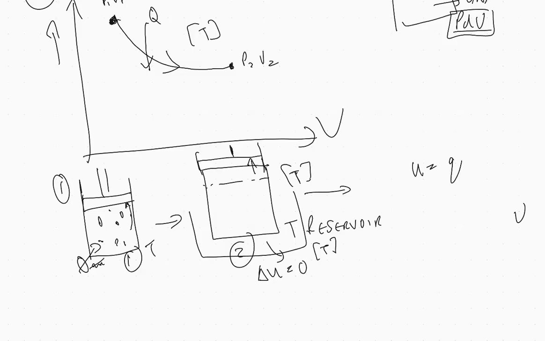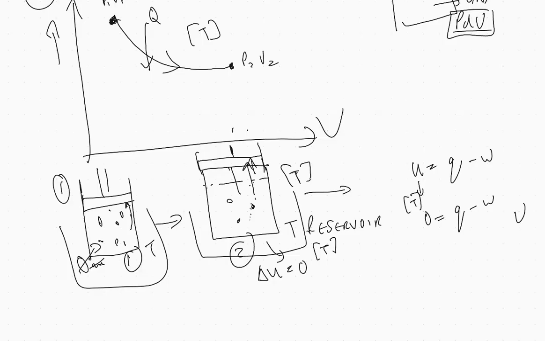The gas is doing the work on the surroundings, so it's minus W. But because it's an isothermal situation, delta U becomes 0. So now this equation is Q minus W. Now Q is positive because the heat is going in the first stage, right? Because it's a big reservoir, that's how we keep it constant. When you get the heat, the molecules push this piston up. So this equation becomes Q equals W. Just remember that.